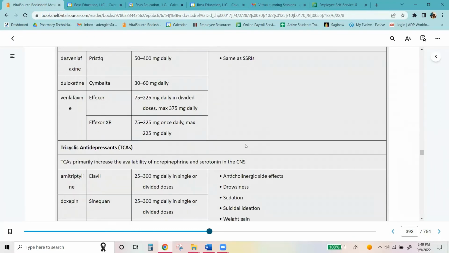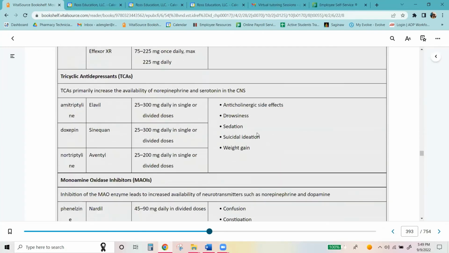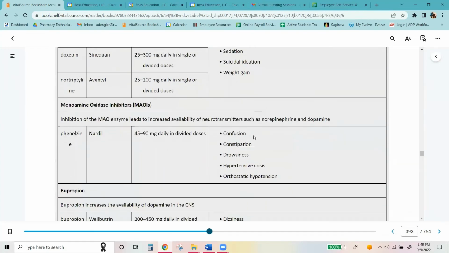Tricyclic antidepressants, TCAs, primarily increase availability of norepinephrine and serotonin in the CNS. MAOIs, monoamine oxidase inhibitors: inhibition of the MAO enzyme leads to increased availability of neurotransmitters such as norepinephrine and dopamine.